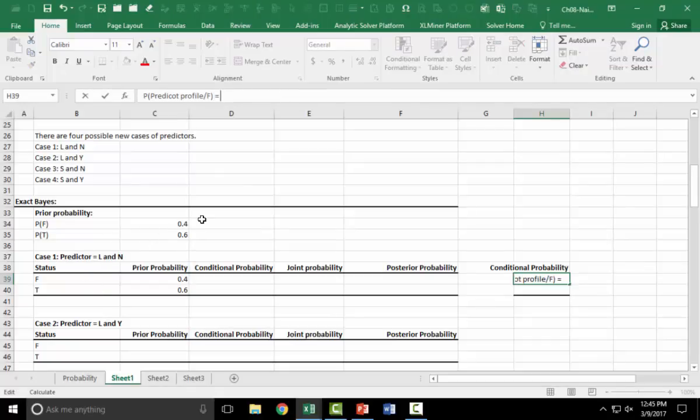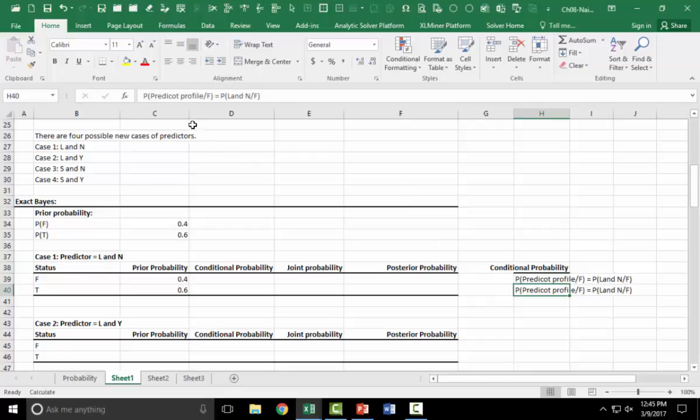It is L and N. So probability of L and N given F. And then for truthful, L and N given truthful. Okay, so that's what we want here.